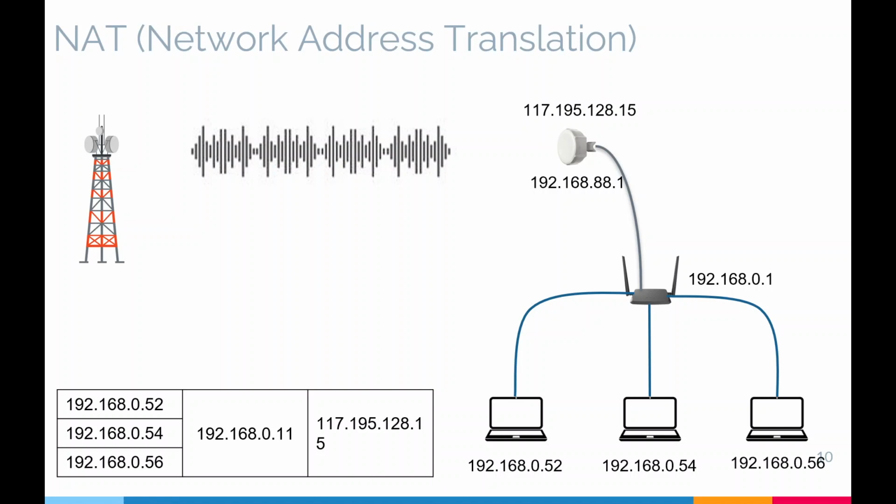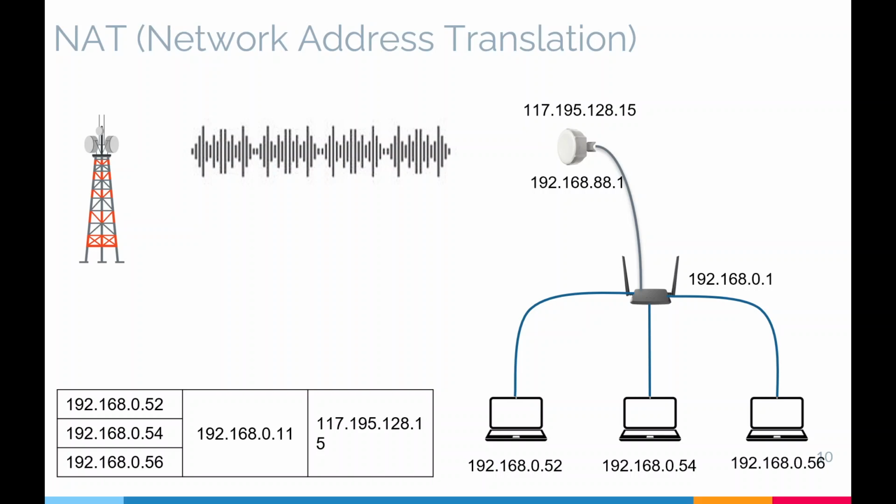Now in simplified cases, if there is a line coming from the ISP directly to the router, this router would have got the public IP right away rather than this element in between. So this is how the table is maintained.